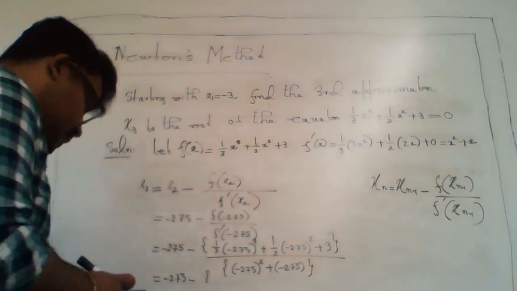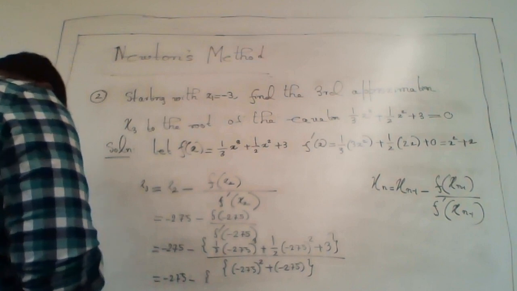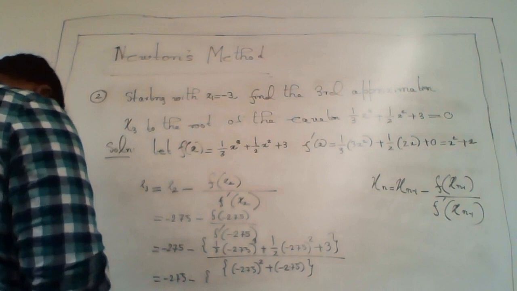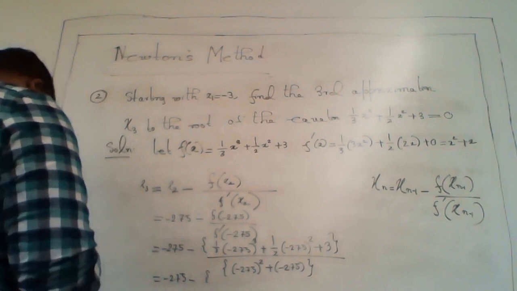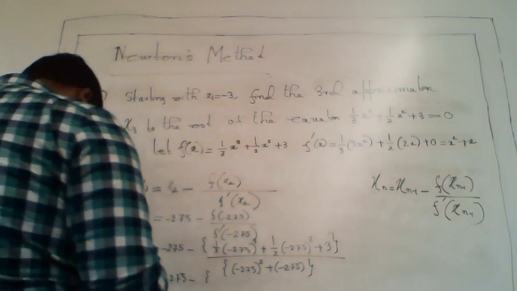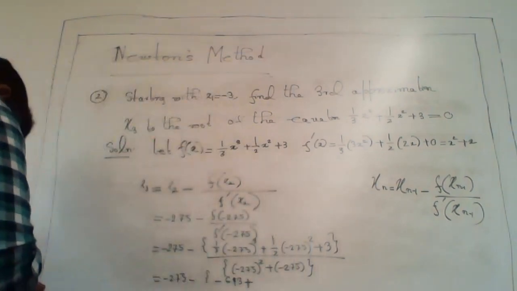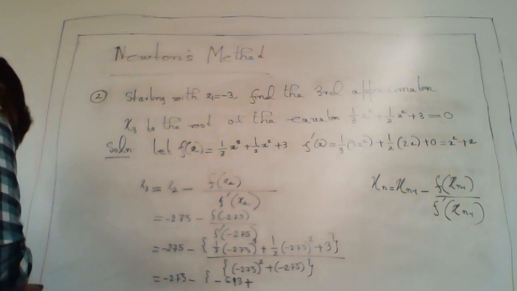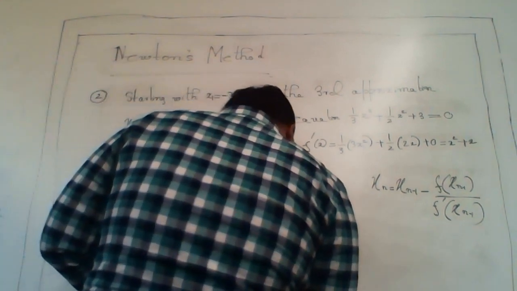so the first term is -6.93 plus 3.78 plus 3.